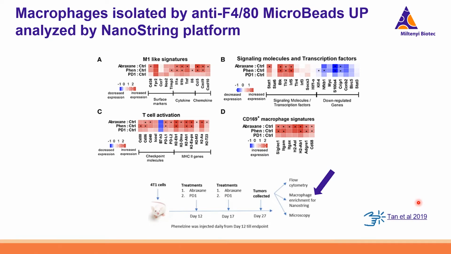Here, macrophages isolated from a tumor, from a breast cancer xenograft, using the F4/80 microbeads were analyzed for innate immunity pathways using the NanoString platform. The general message of this result is that the treatment with different drugs modulated the macrophage gene signature.